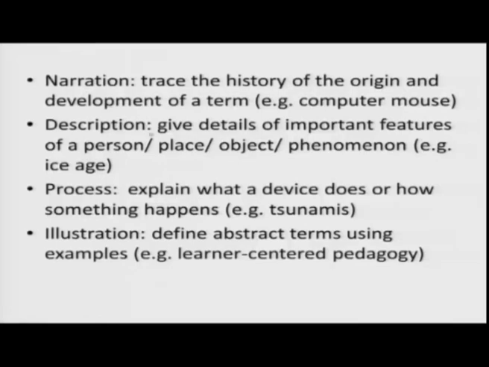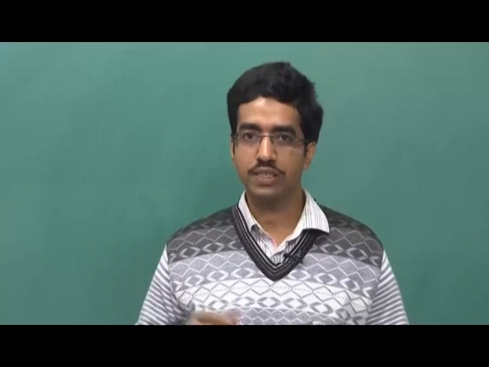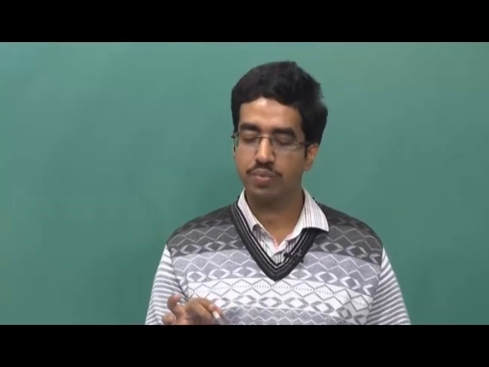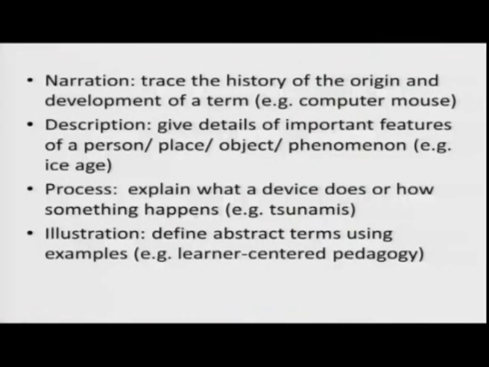Second is description. You give details of important features of a person, place, object, an event, a phenomenon. For example, ice age. If you are defining ice age, then you explain the polar ice extents, how the climate would be. All those things you will include. Process. Here you explain what a device does, how something happens.